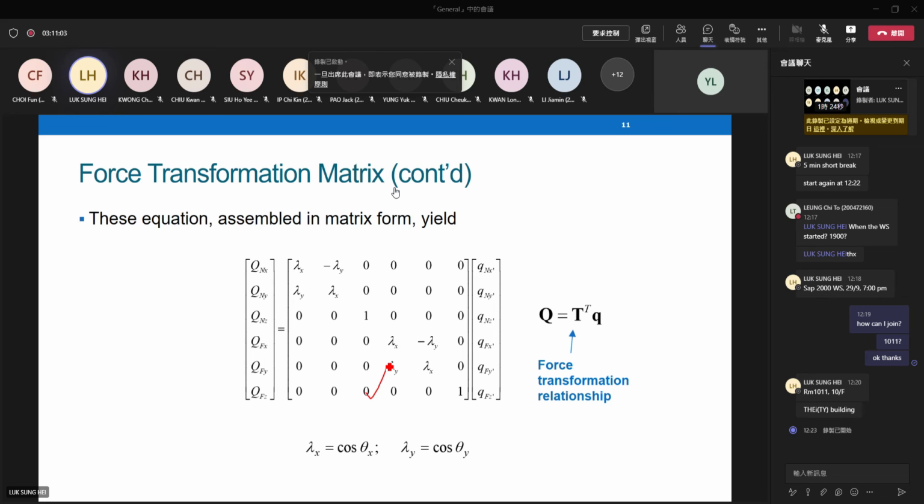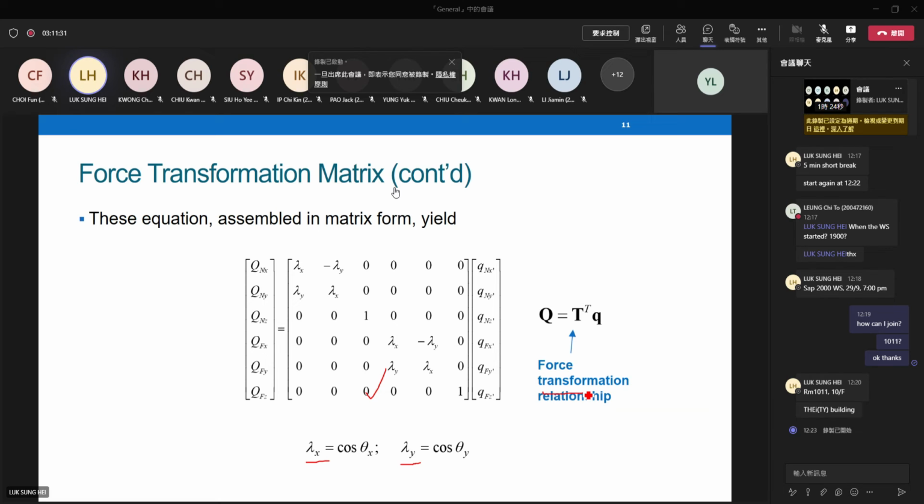They are the direction cosines. It's quite similar to the truss member. You define node n and node f, then use the coordinate of node f minus the coordinate of node n, and divide by the length of the member. This is how we calculate lambda x, lambda y, just like for a truss member. This is the force transformation matrix.